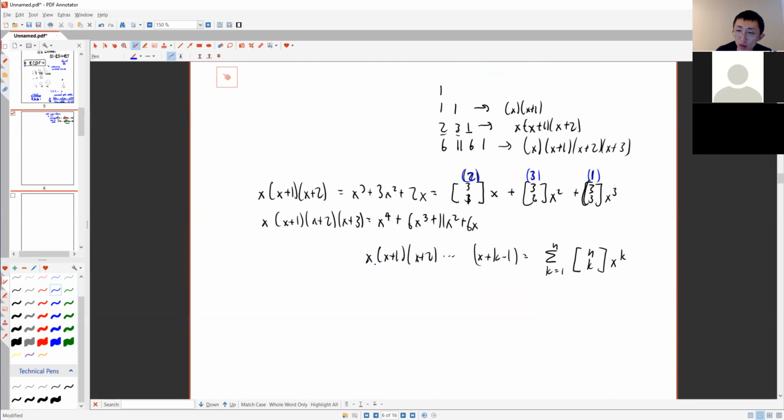So, I guess there's some relationship between Stirling numbers of the second kind and first kind. Like 2 times ago, we talked about Stirling numbers of the second kind. Today was Stirling numbers of the first kind.